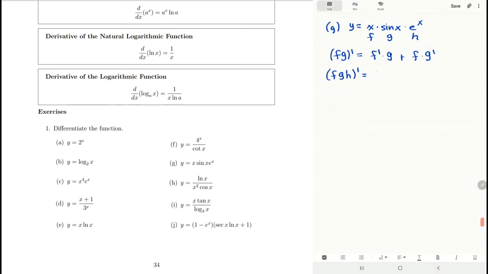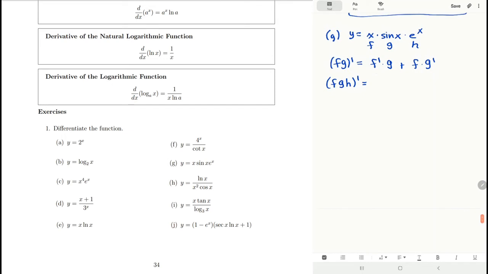And so what we would have is f prime times g times h plus f times g prime times h plus f times g times h prime. And so we differentiate each function separately, then multiply it by the other two, and then add all of these together. So let's apply this rule to our function, x times sine x times e to the x.